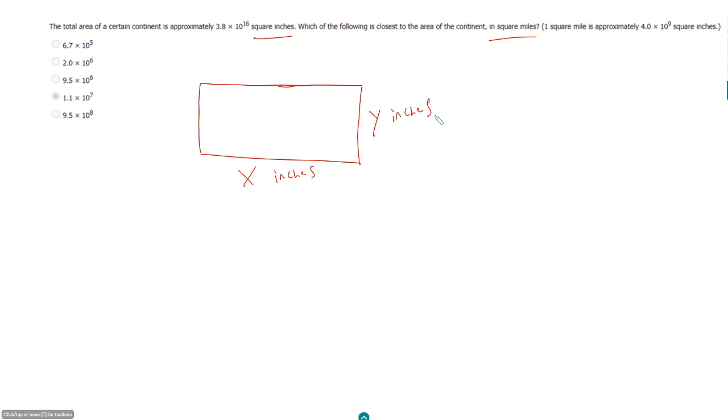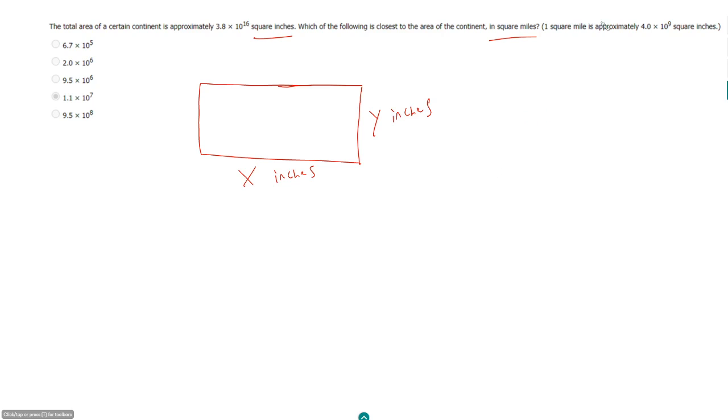In order to convert it to square miles, normally you would have to convert your length into X miles. How many miles is this? And then you'd have to convert your width into miles and then recalculate your area in terms of square miles once you've converted your units at that level.